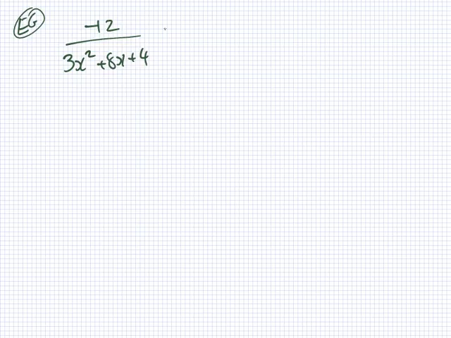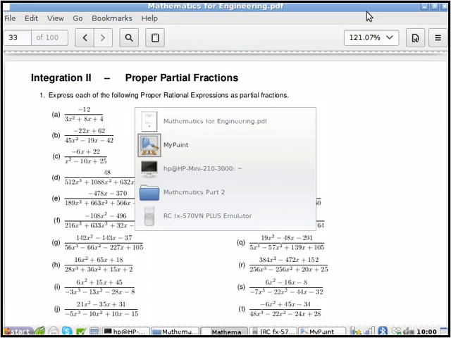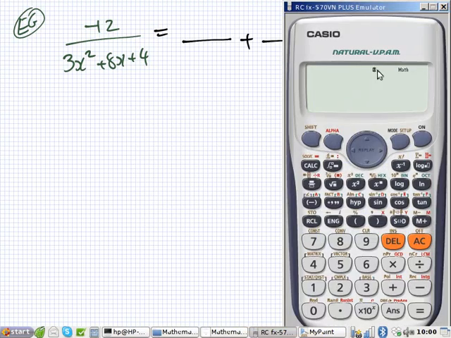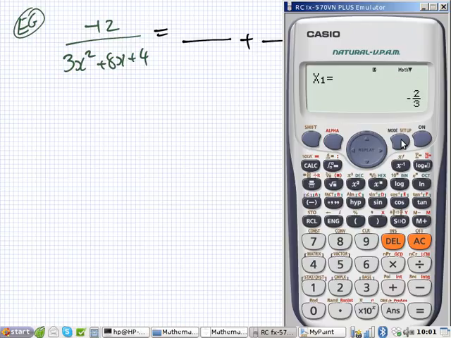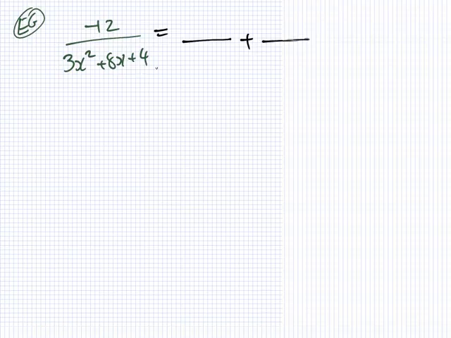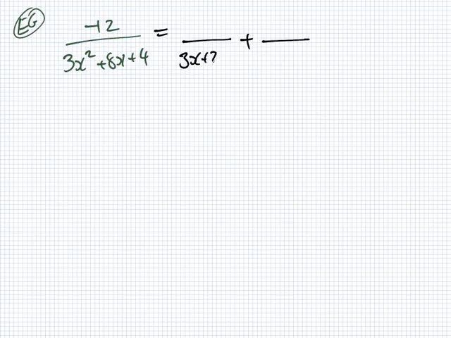Step 1, we're going to factorize, and I'll be lazy. 3, 8, 4: 3x plus 2 and x plus 2. Okay, so not too bad. If you think about it, we're actually half finished. We just need to find the tops.